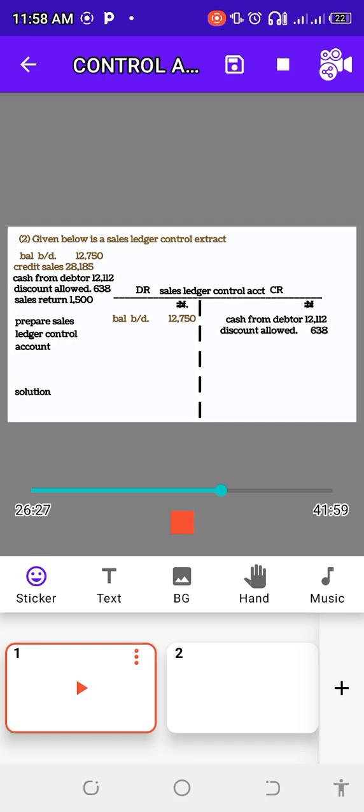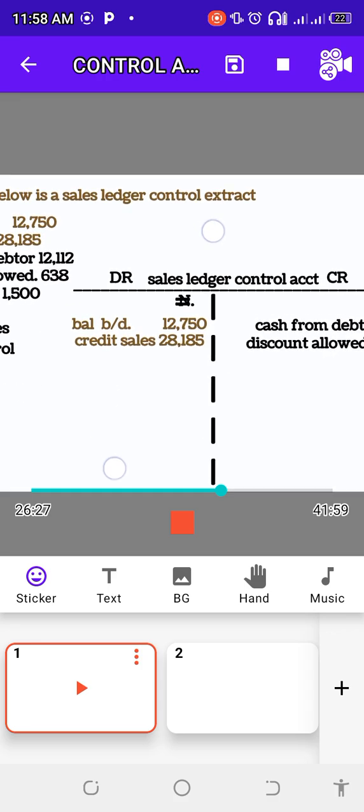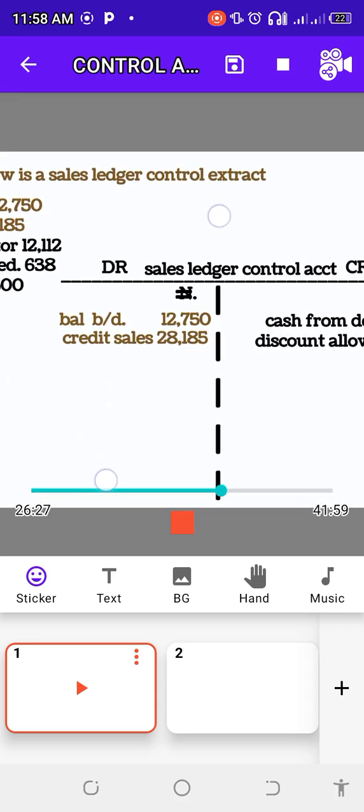Then the next thing we are going to take a look at is we have not taken credit sales. Credit sales is 28,185.